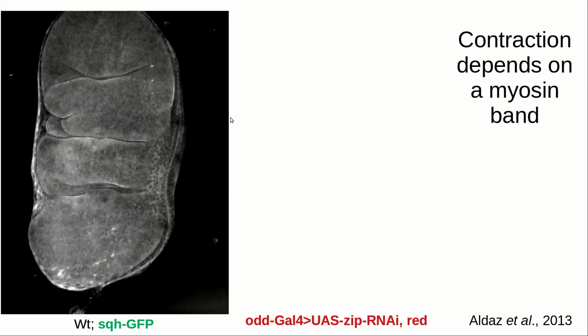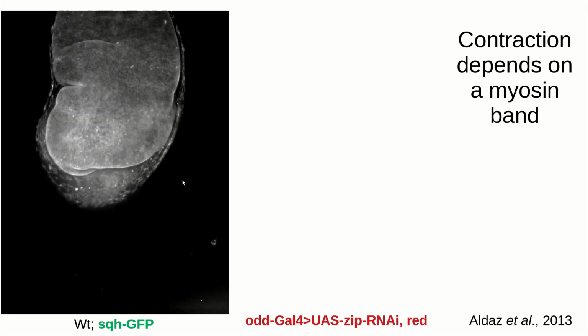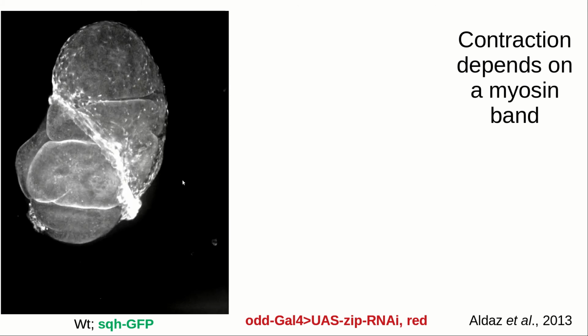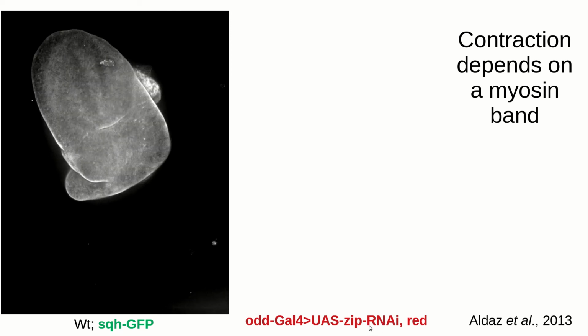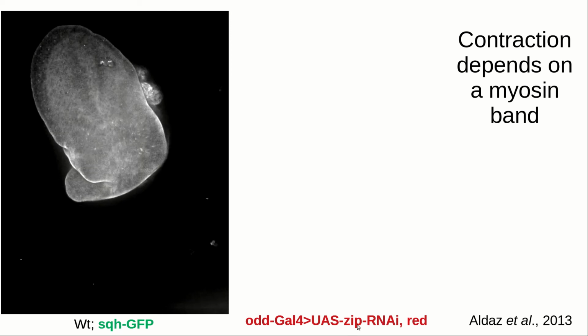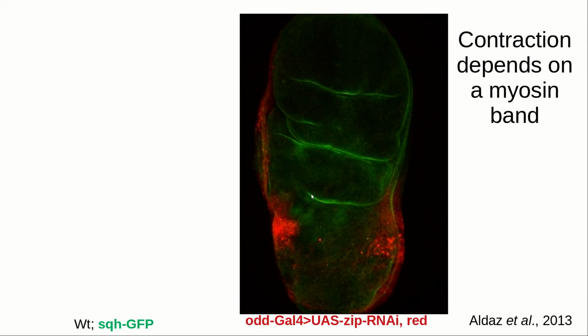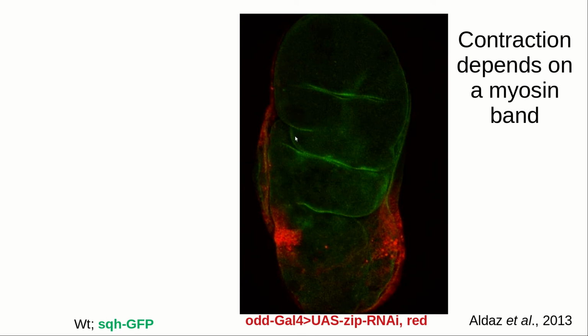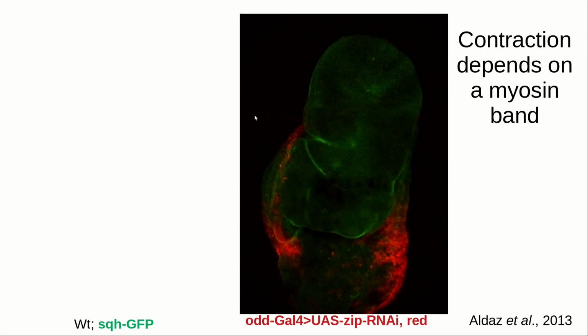So if you downregulate this myosin, for instance, by downregulating Sqh, which is the light chain of the myosin, you can see that compared to this control, well, eversion does not take place. Okay, in this video, the disc is not able to evert.